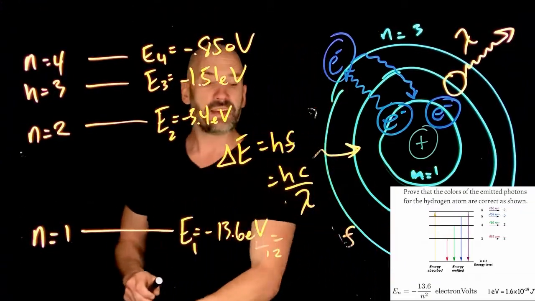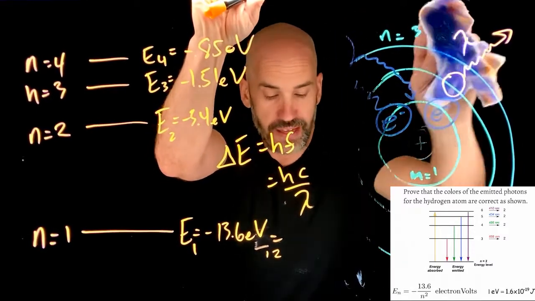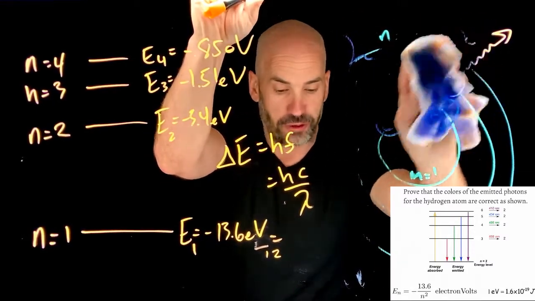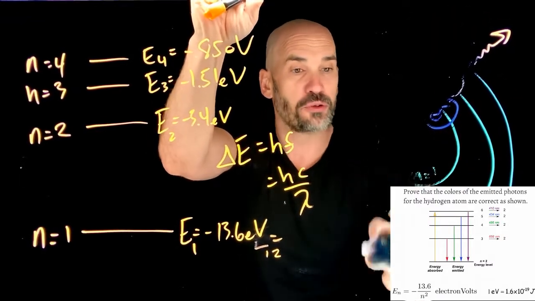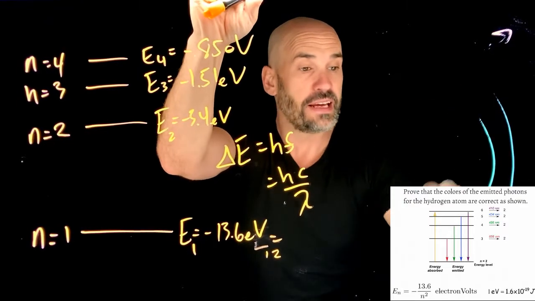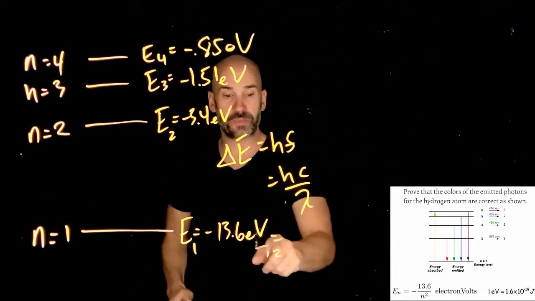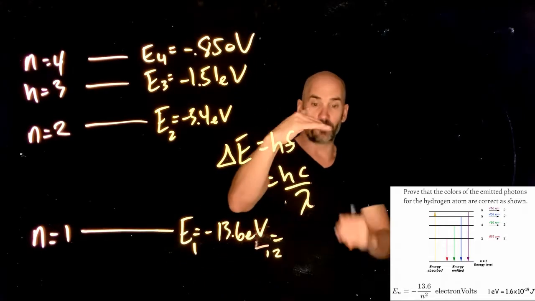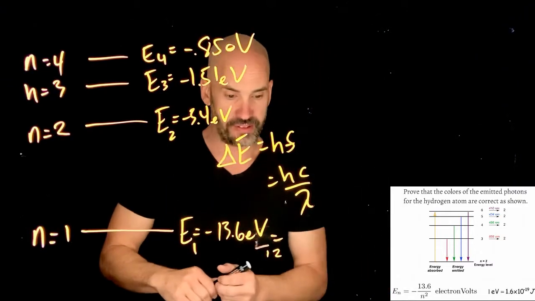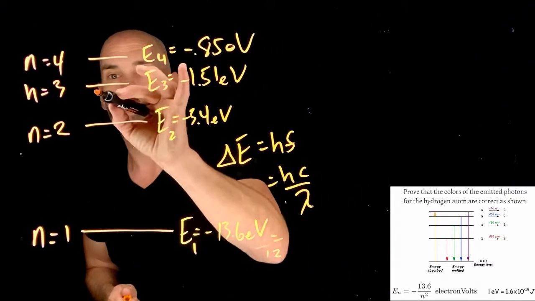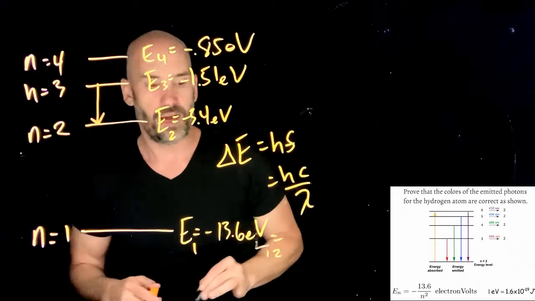So I am going to go ahead and prove to you that, for example, a jump from the n equals 3 to the n equals 2 orbital is going to give me red light, as this picture suggests. You can see in this picture that this arrow is red, from the n equals 3 to the n equals 2 jump. So from here to here, it appears to be red light.